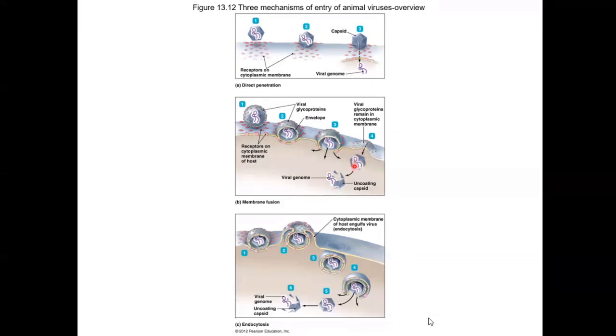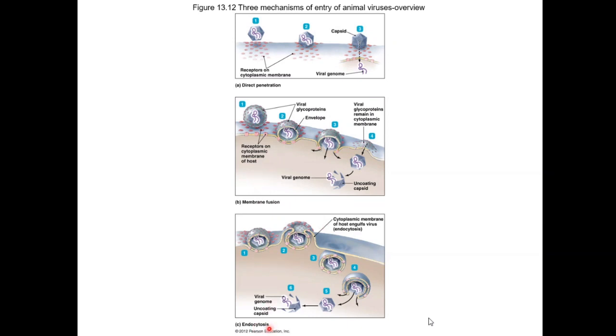The nucleocapsid can then be uncoated. The lytic enzyme in the cytoplasm or the enzyme from the viruses can destroy this protein coat, the capsid, and release the nucleic acid. And this is the membrane fusion that we just explained.